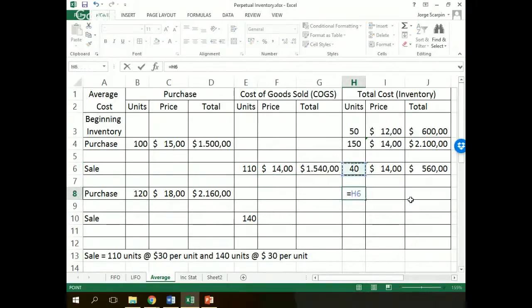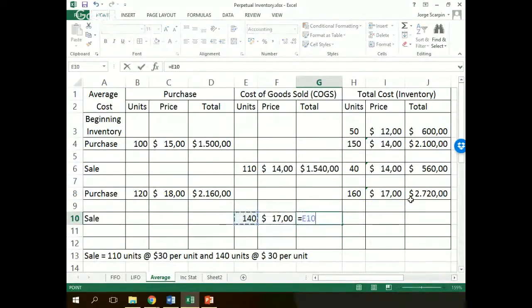Second purchase, beginning inventory plus purchase. Average price, money divided by units, $17. Sale, 140. Average price, 17.